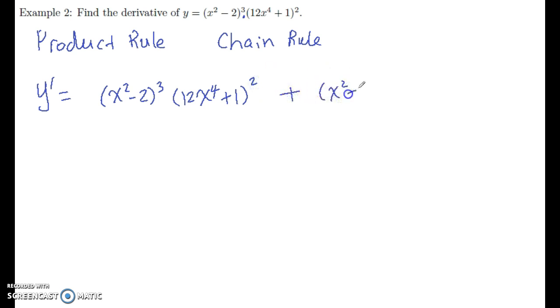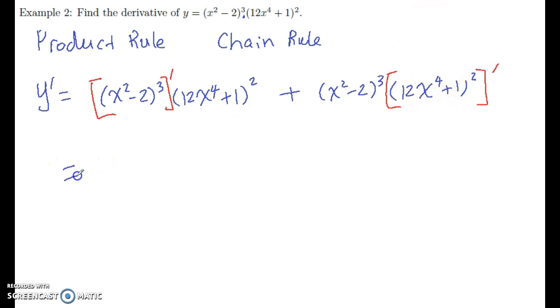So (x squared minus 2) to the third power times (12x to the fourth power plus 1) squared. And we apply the derivative for the first term on the first factor, and then on the second term on the second factor. Now we take the derivative.